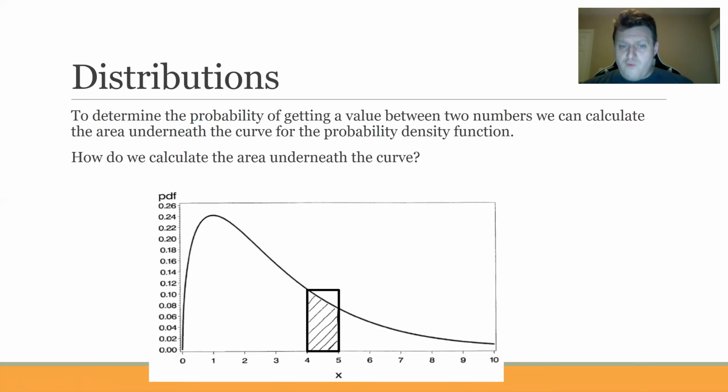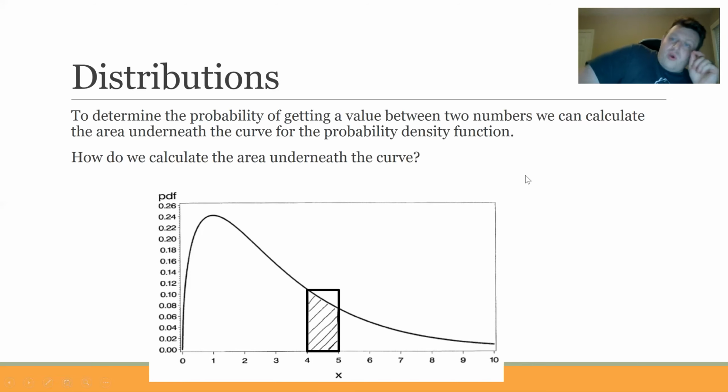Okay, we are overestimating the area underneath the curve. So it's somewhere between 0.08 and 0.11. So it's somewhere between 8% and 11%, the number of scores in the population between 4 and 5. All right, that's how you would do it with the skills that you have right now.